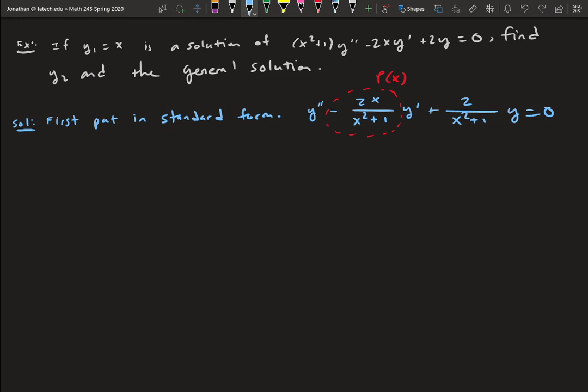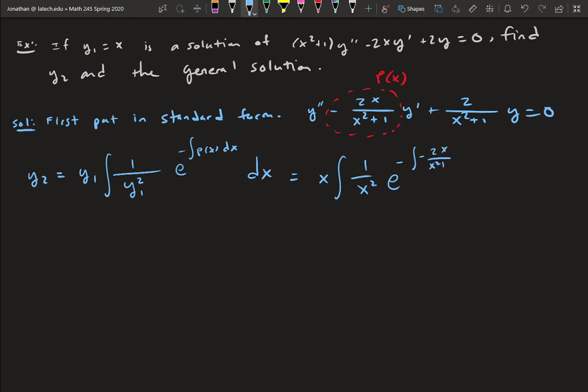So now y2 is going to be y1 times the integral of 1 over y1 squared e to the negative integral of p of x dx. The first solution is just x, so x times the integral of 1 over x squared e to the negative integral of negative 2x over x squared plus 1 dx.